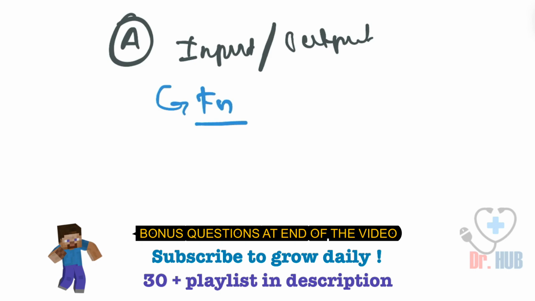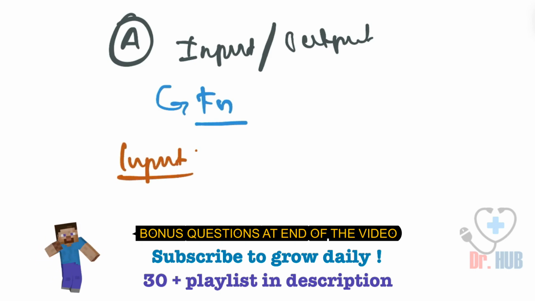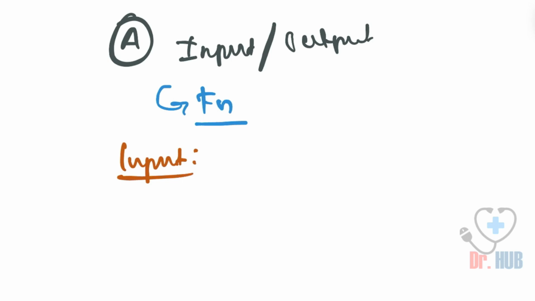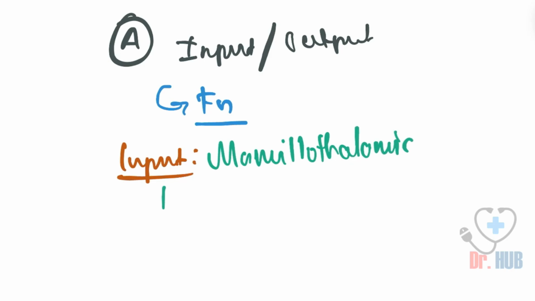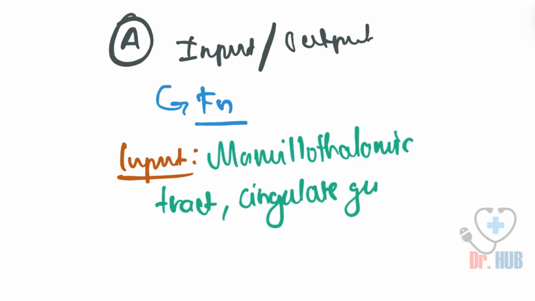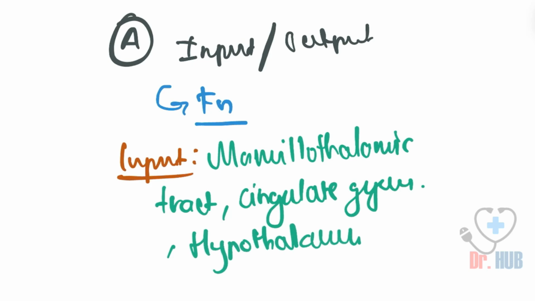First looking at the input: under the input there is the mammillothalamic tract, which comes from the cingulate gyrus as well as the hypothalamus.